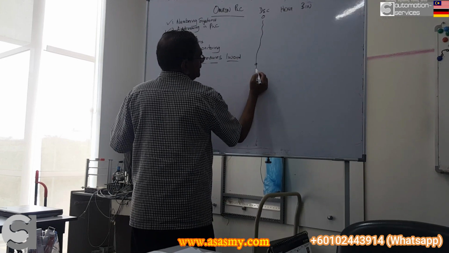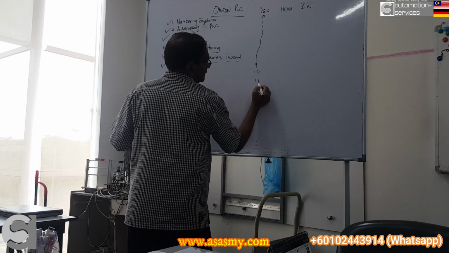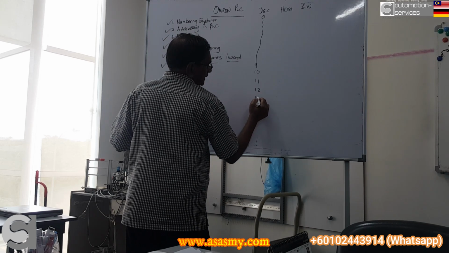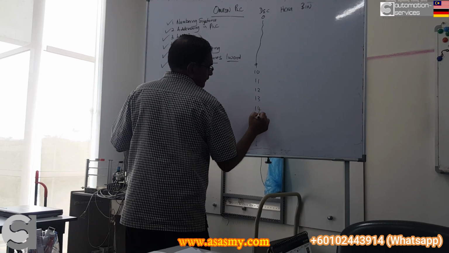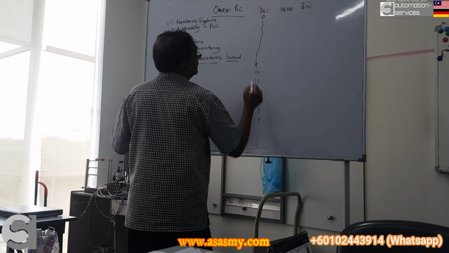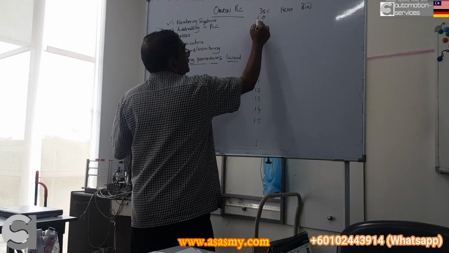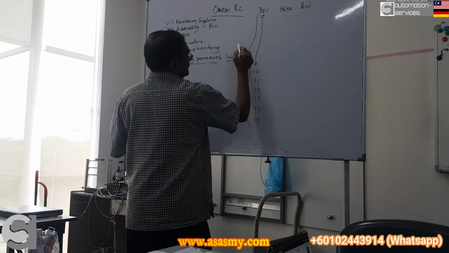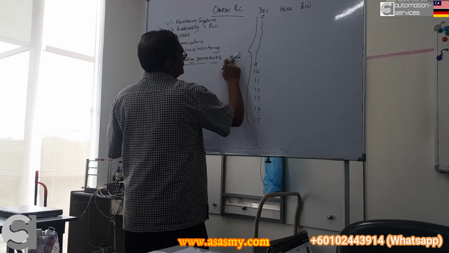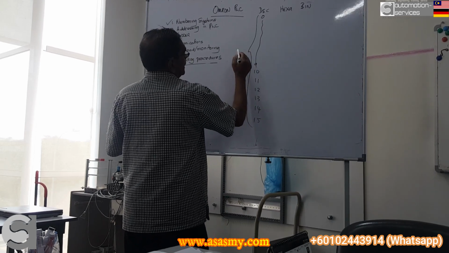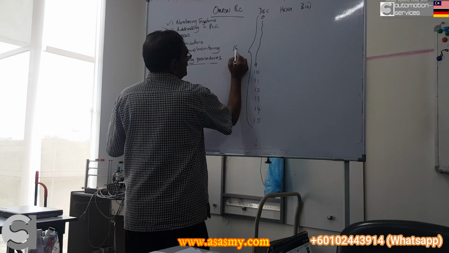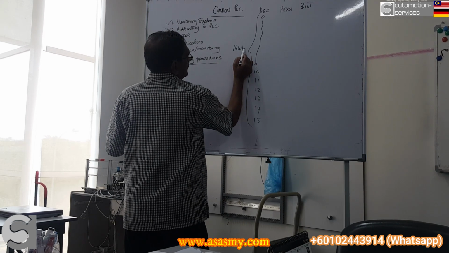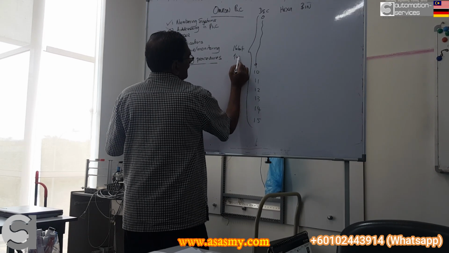So, 9, 10, 11, 12, 13, 14, 15. As you know, we have 16 digits here, and these 16 digits is one word. 16 bits will become one word.